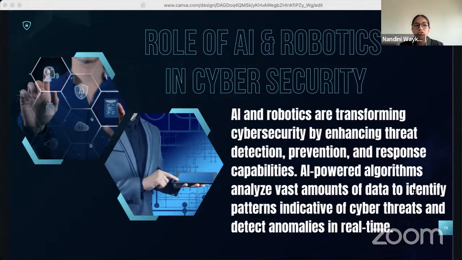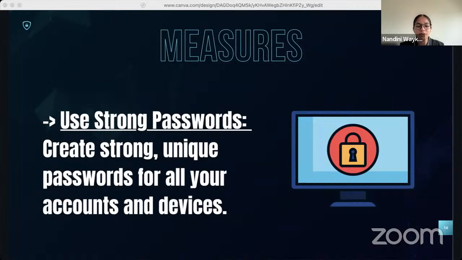As I mentioned before, when we were talking about phishing, we were talking about how to protect ourselves. I said we'll be talking about the measures that will help us protect ourselves from cyber threats. First and the most important is to use strong passwords. We should create strong, unique passwords for all of our accounts and devices.